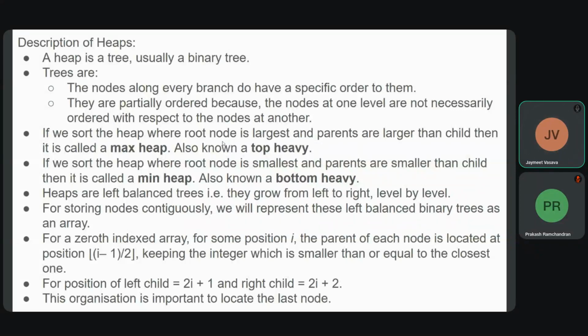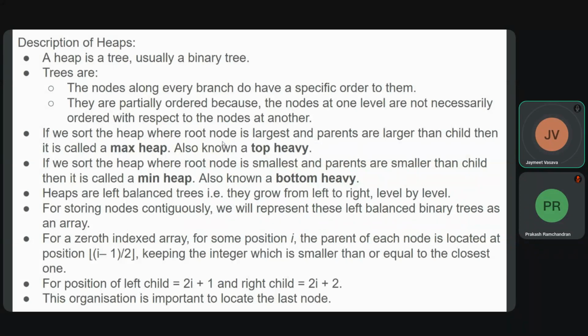And if we approach the heap in a way where children have a larger value than their parents, then it is called a min heap or a bottom heavy approach. Heaps are left balanced trees, which means that if we insert values or nodes into them, they will grow from left to right until that level is filled, and then go to the next level.